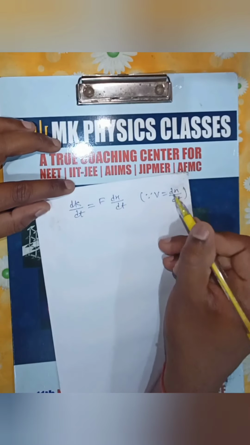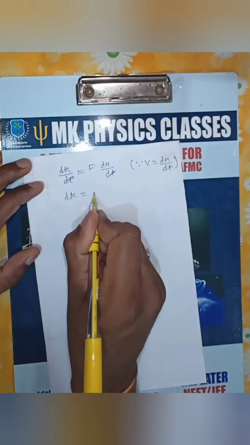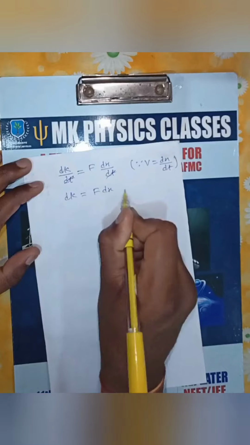Velocity is nothing but dx by dt. Therefore, in place of v I can write dx by dt, so dK by dt is equal to F into dx by dt. Now the dt in the numerator and denominator cancel. Therefore dK is equal to F into dx.